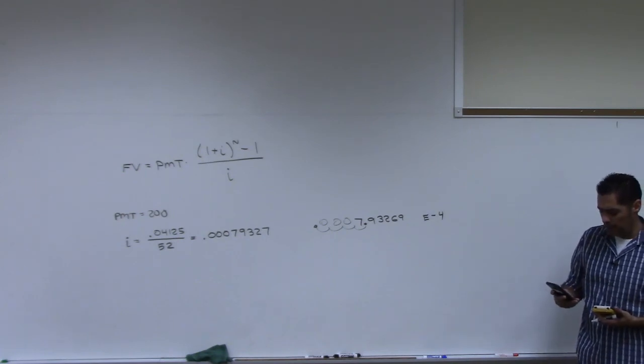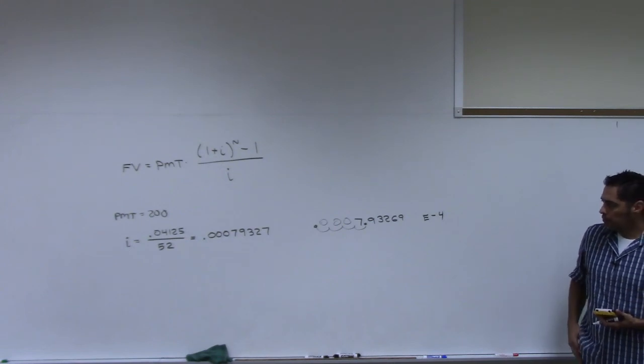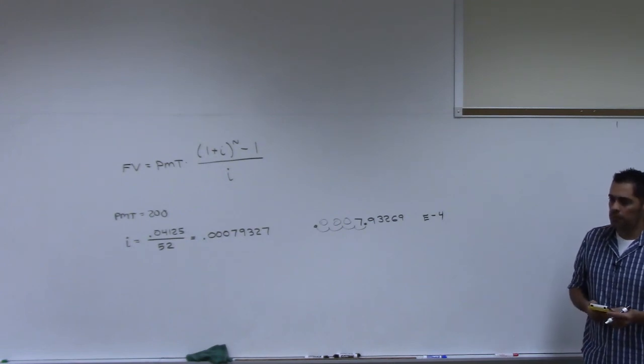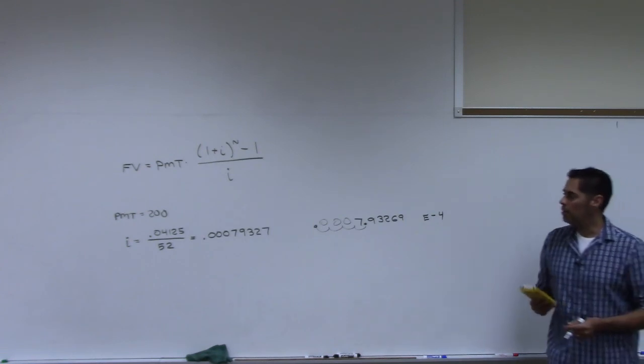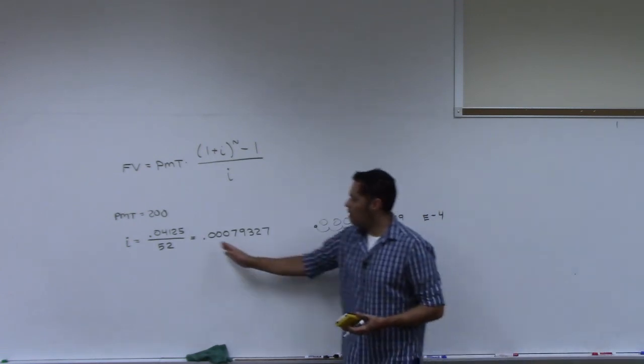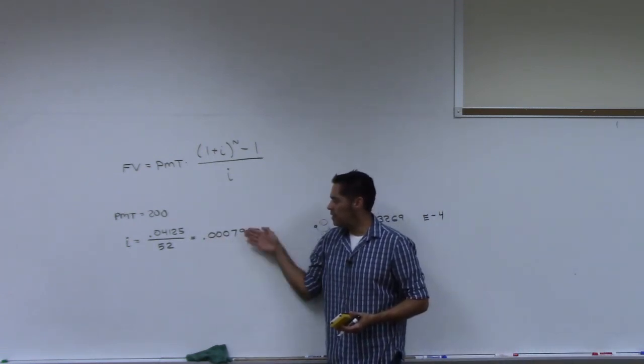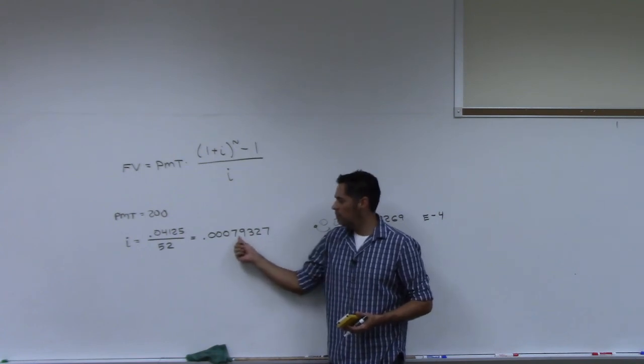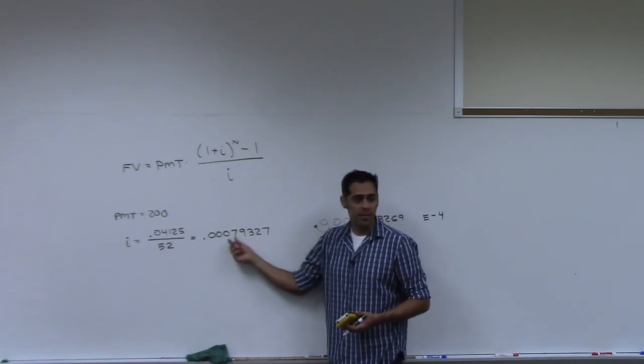That's where I got that number. Now you do not want to round this to 0.007. I would go out at least 4 numbers after the zeros.